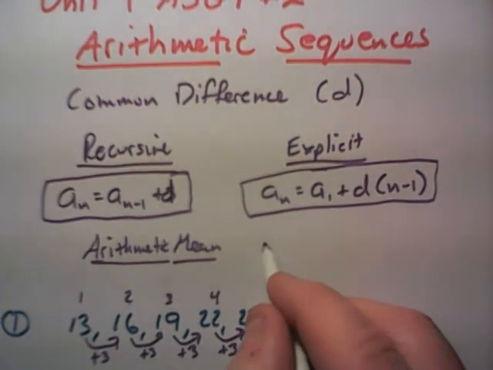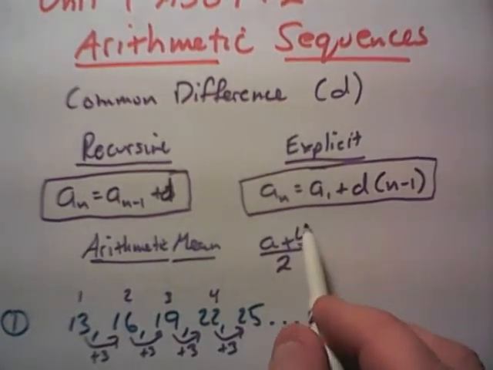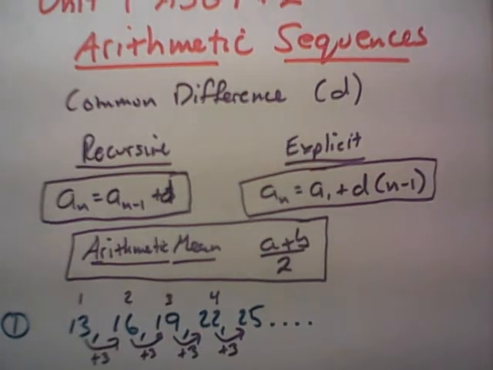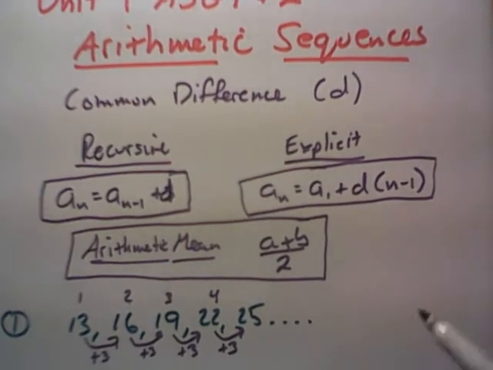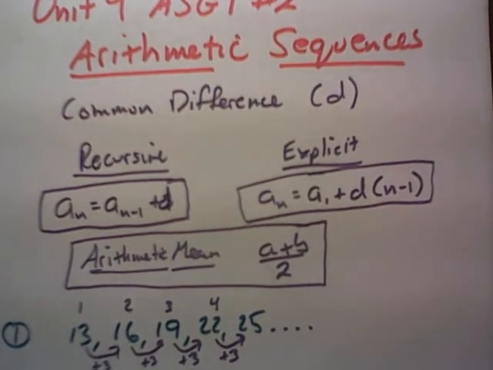To get that, we're just going to take the two terms, I'm going to call them A and B, and divide by 2. And that's going to be the arithmetic mean. So these are three formulas that we're going to use throughout this lesson, and we're going to build upon them in each assignment from this point.